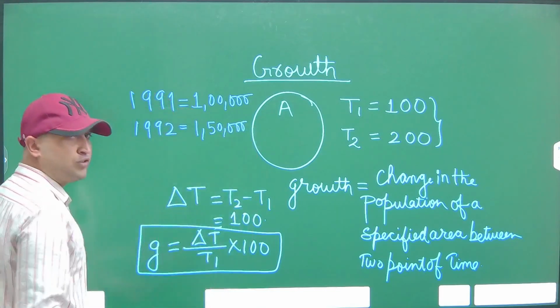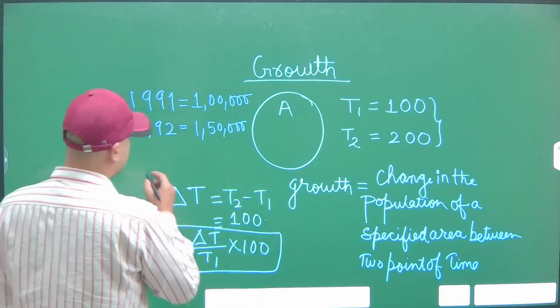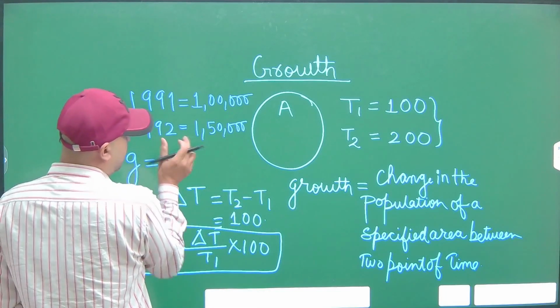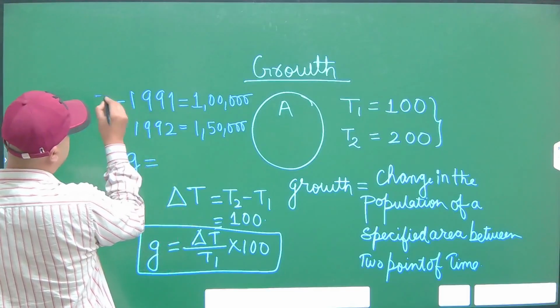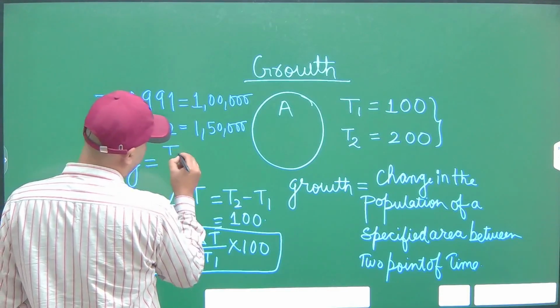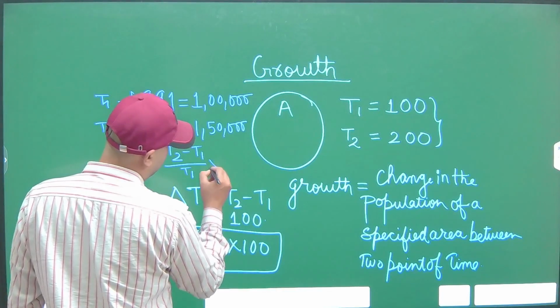Now, if we have to calculate the growth rate of the population, suppose this is T1 and this is T2, it would be T2 minus T1 by T1 into 100.